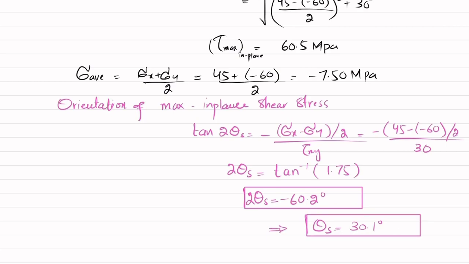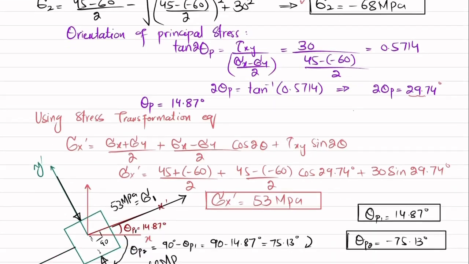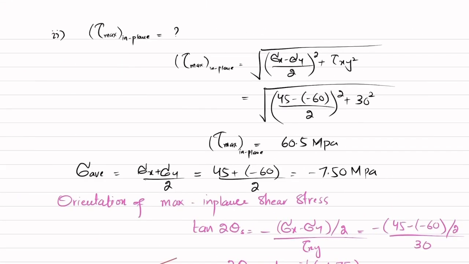Now we will specify its state of stress. So let's say this was your initial x. Clear? And you have found that the plane of principal stress was 14.9. Let me check it. Theta P1 is 14.87, which is 14.9.